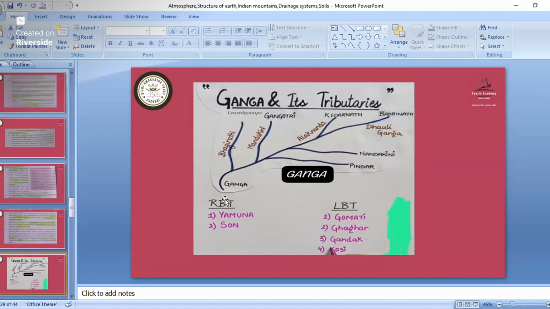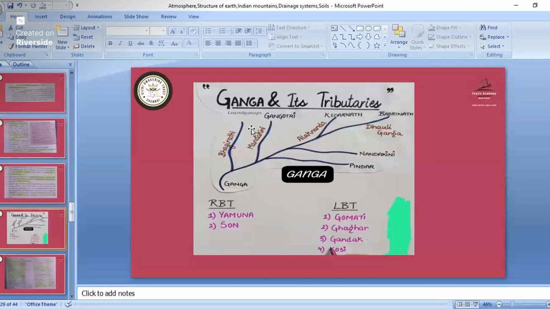The right bank tributaries of the Ganga are Yamuna and so on, and the left bank tributaries are Gomti, Ghaghara, Gandak and Kosi. You must know the right bank and left bank tributaries. Besides the Ganga, you must know the tributaries of the Krishna, Godavari and Narmada. We have diagrams of all those rivers.